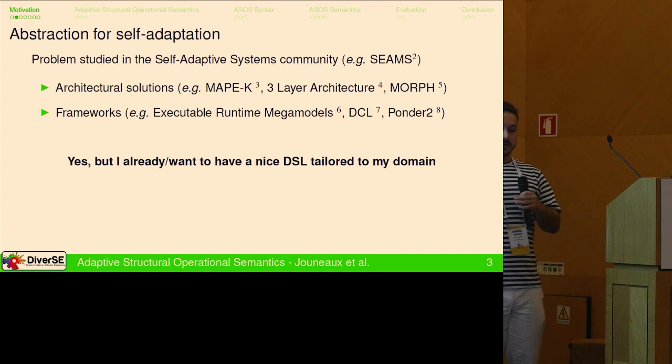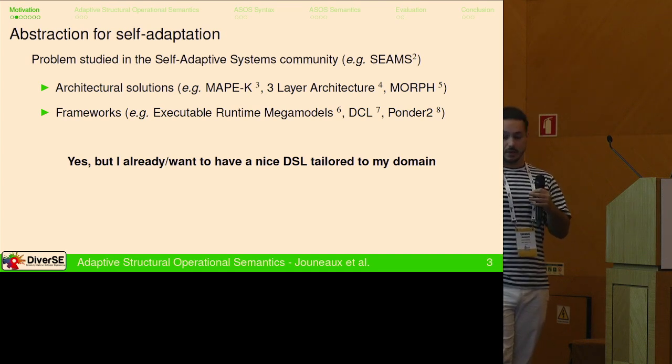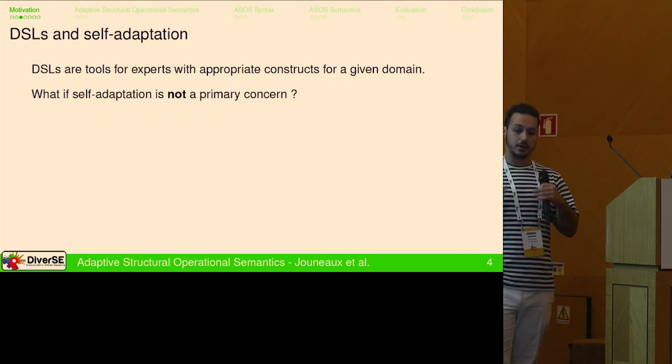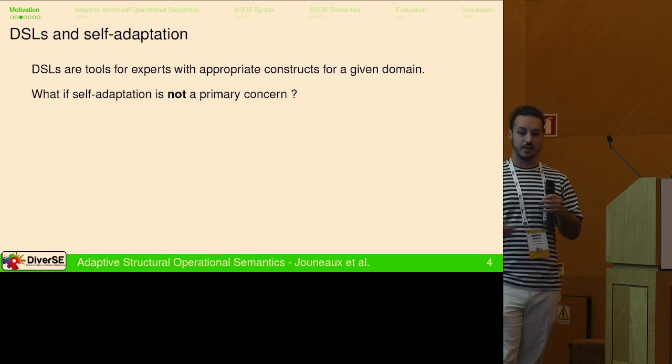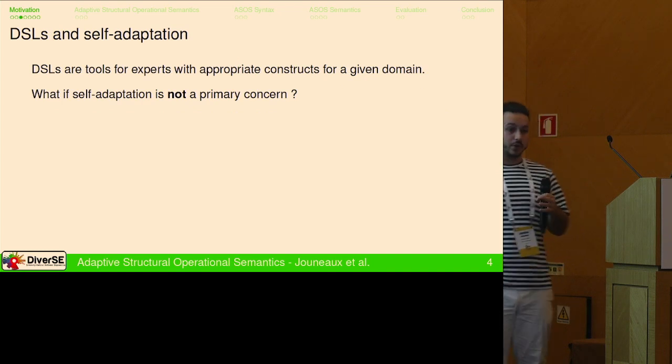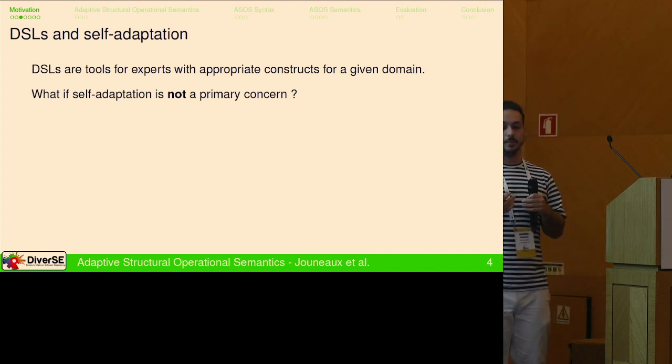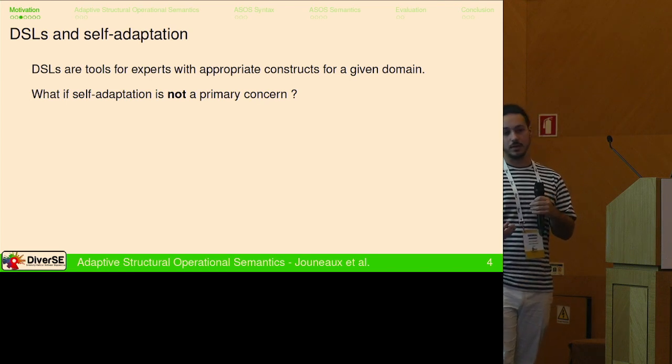But the problem is that if you already have a DSL to capitalize your domain knowledge, it can be difficult to integrate those architectural solutions and frameworks. As we know, DSLs are tools for experts with the appropriate constructs for the given domain. But if your domain does not have self-adaptation as a primary concern, you have to implement your own self-adaptation in the programs or in the systems.